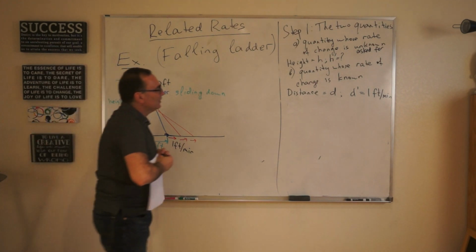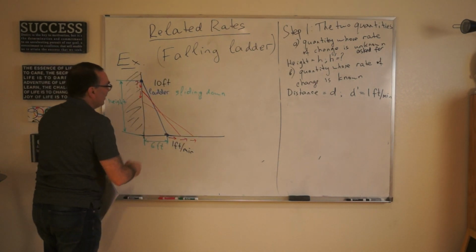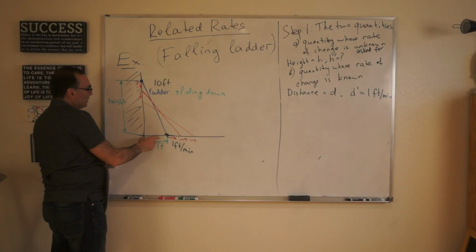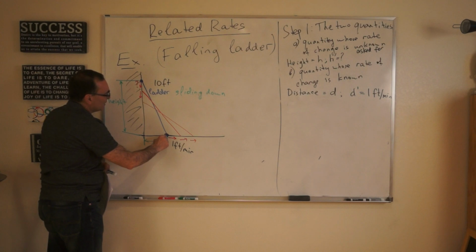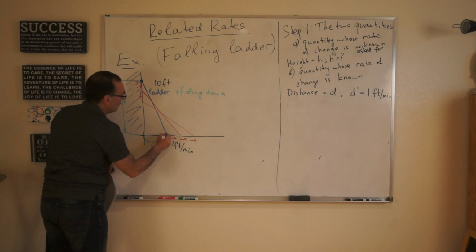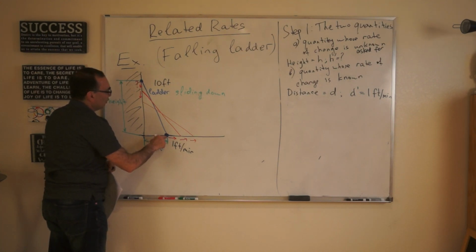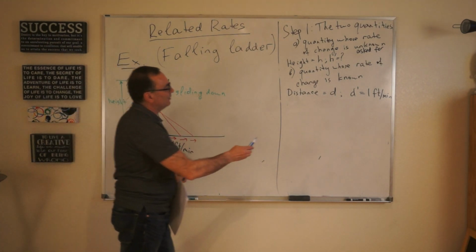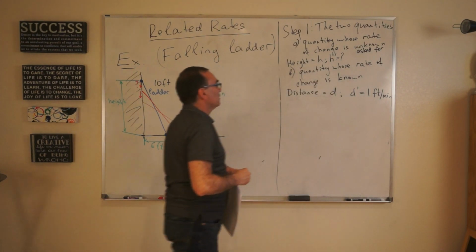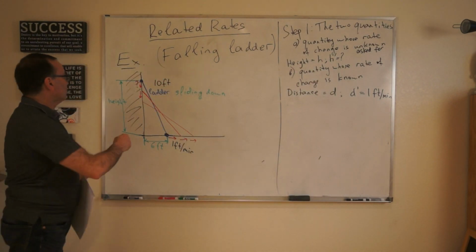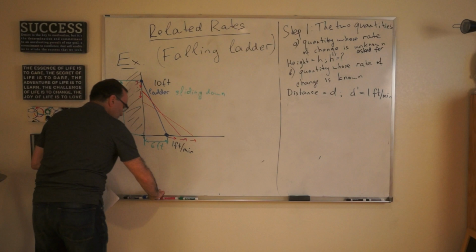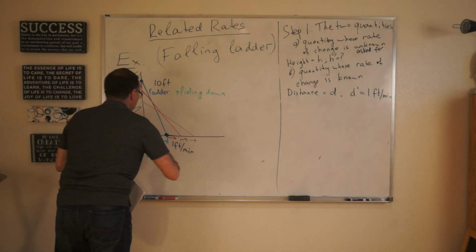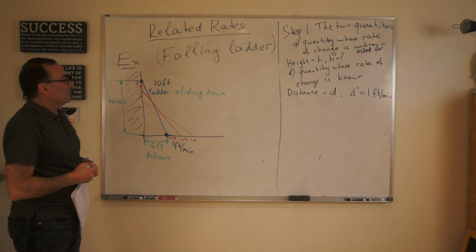And the other quantity is horizontal distance. As the ladder slides down, this horizontal distance increases. And the rate of increase of this horizontal distance equals exactly the speed of movement of this bottom point, and it's given, it's equal to 1 foot per minute. So these are the two quantities, height and horizontal distance. Okay, so that's step 1.